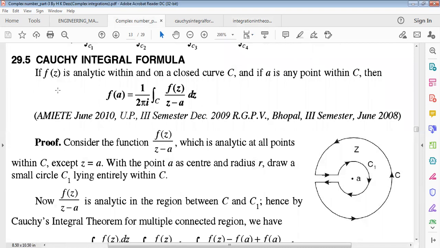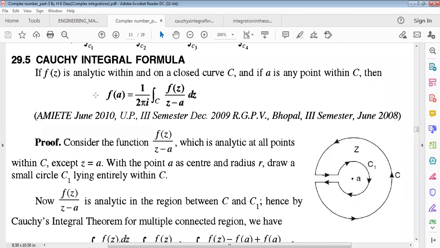Actually, what is Cauchy's integral formula? If f of z is analytic within and on a closed curve C, this is the whole curve C, and another curve C1 inside C, and if A is any point within C, maybe the center or outside the center, then f of A equals 1 by 2 pi i times the integration of f of z divided by z minus a.